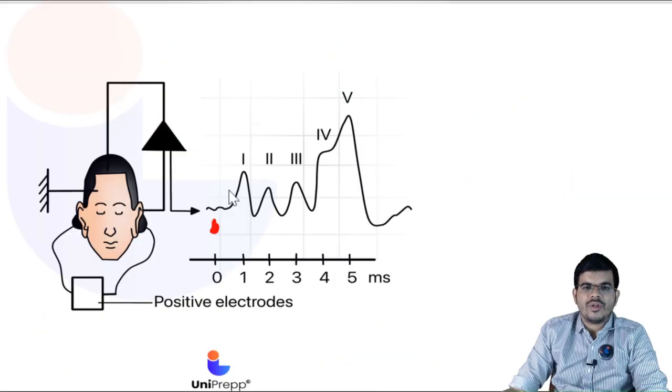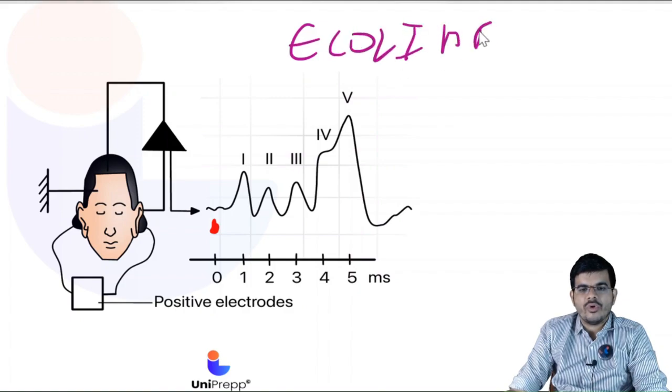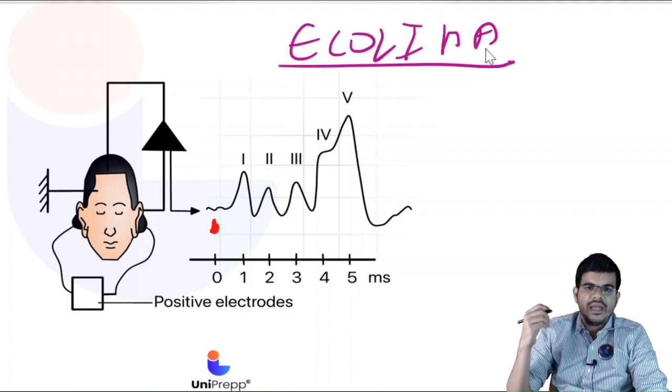Yes, this is how it looks like. This is wave 1 to 5 which are being measured. And what are they? You know, the E. coli is the code for the auditory pathway, right? 8th nerve, cochlear nucleus, superior olivary complex, lateral lemniscus, inferior colliculus, medial geniculate body, and the auditory cortex.